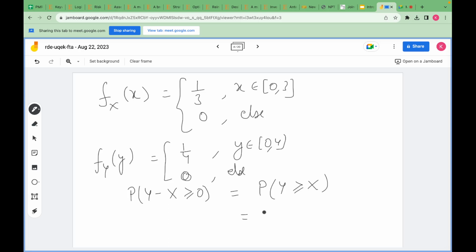Now these two are independent random variables.